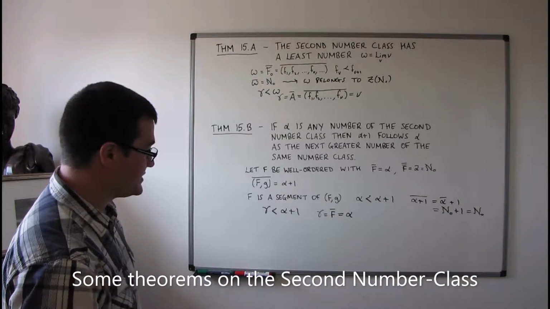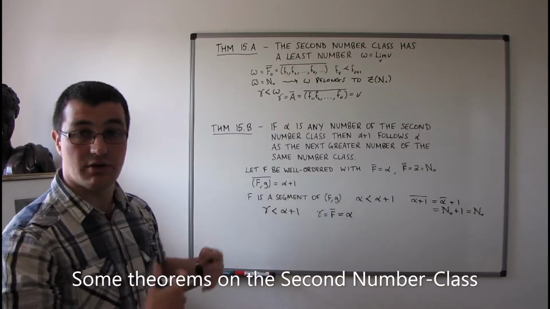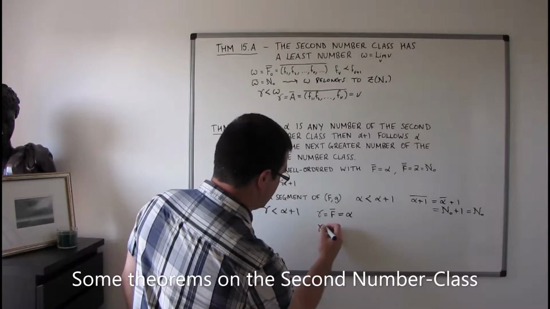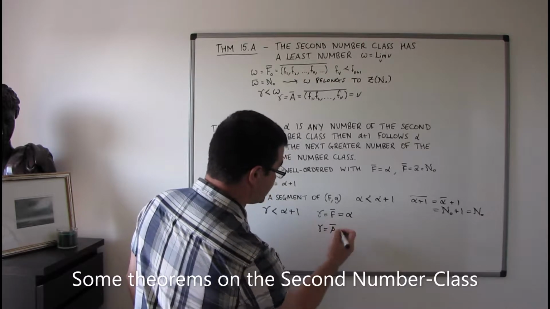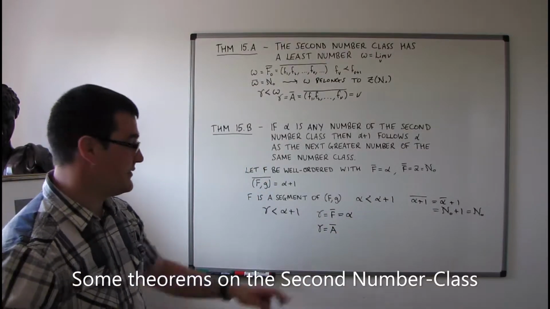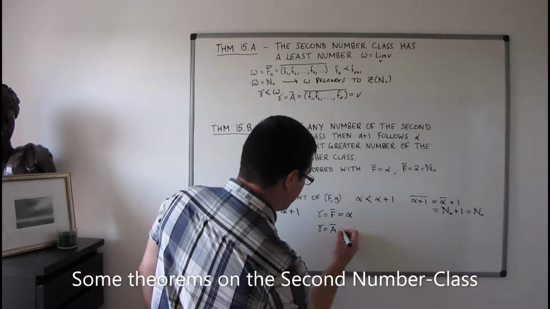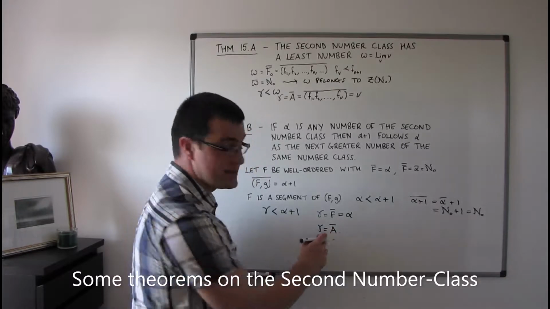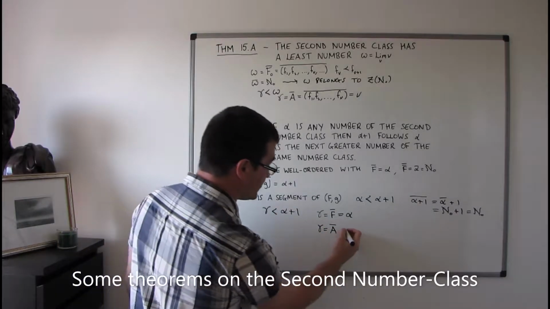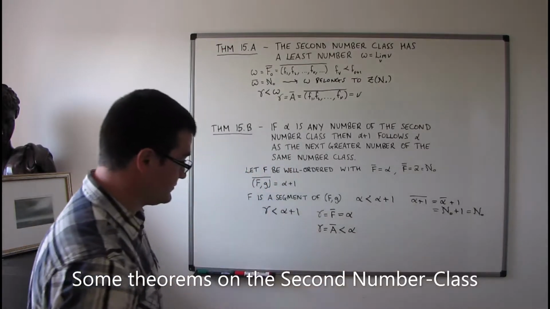If on the other hand the segment that we're interested in is actually a segment of f, so we've got gamma is the ordinal number of some segment of f, a, then because a is a segment of f, its ordinal number is going to be less than alpha.